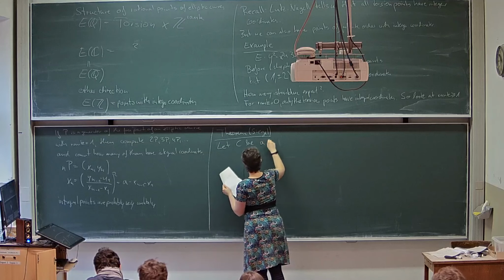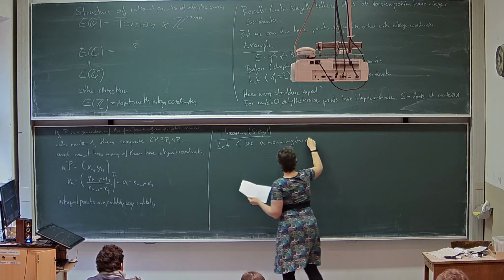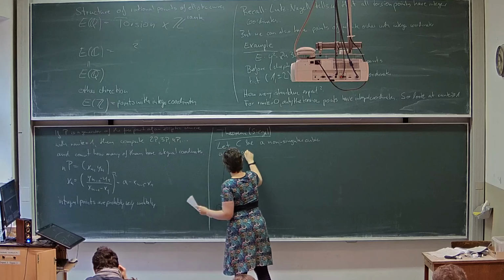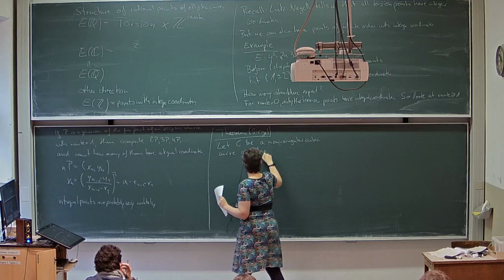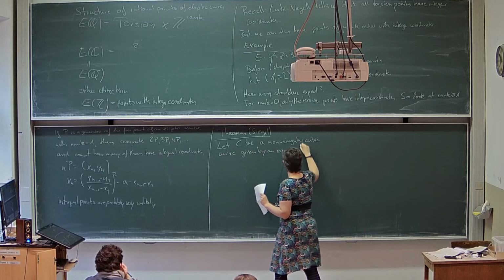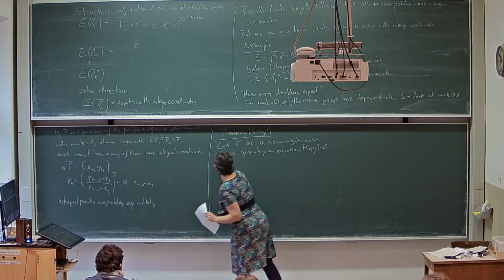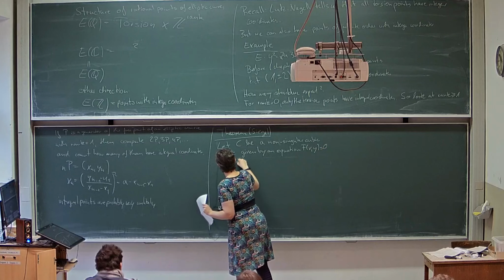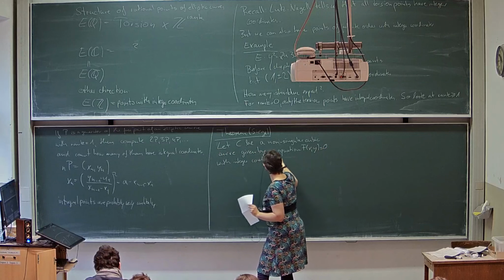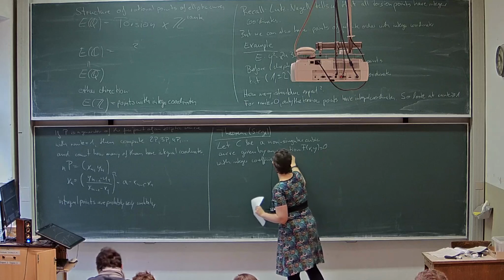So let's see. Let C be a non-singular cubic curve with integer coefficients, and then C has only finitely many integral points.